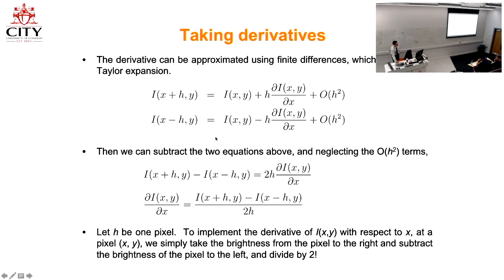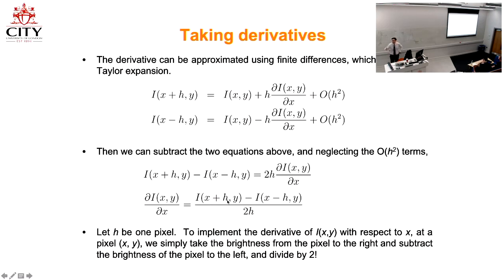So the way to do this is you can estimate this using finite differences. Don't worry about the math. The final idea is you get the pixel value to the right minus pixel value to the left over 2. So if this value is higher than a threshold, you have an edge, right?